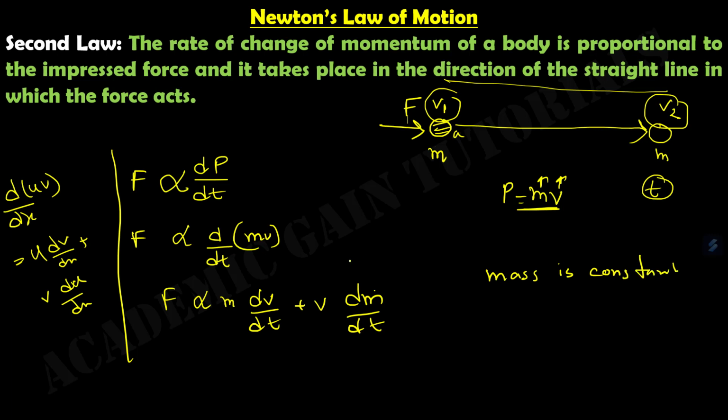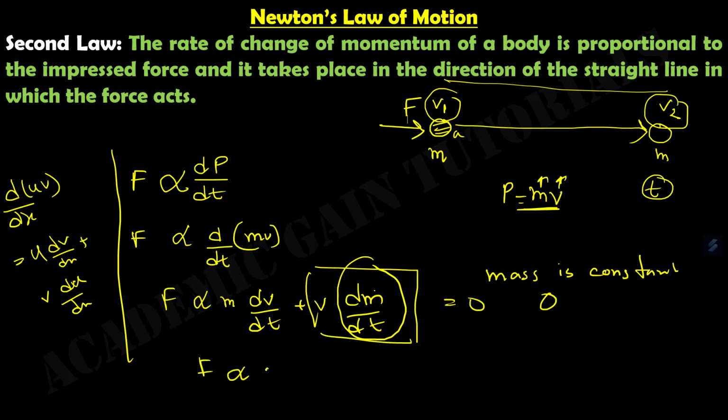So in that case, this differentiation over time gives 0, because the differentiation of any constant value is equal to 0. So this whole term will be equal to 0. Hence, we find that F is proportional to m into dv by dt. And dv by dt is the rate of change of velocity, which is known as acceleration.